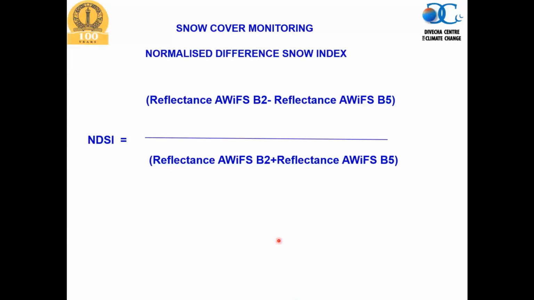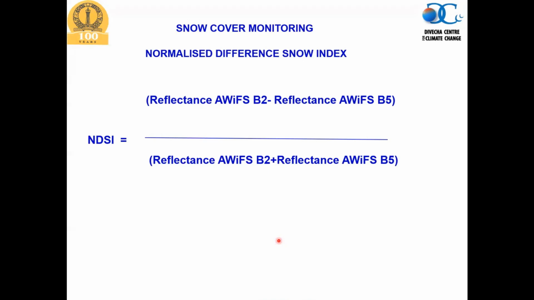The idea behind the normalized difference snow index is you have numbers which are manageable. That means if you take only the ratio, numbers could be very large or you will find it very difficult to put the threshold. But in this particular case, once you normalize, you can have a -1 to +1 number, and because of that, this is commonly used.